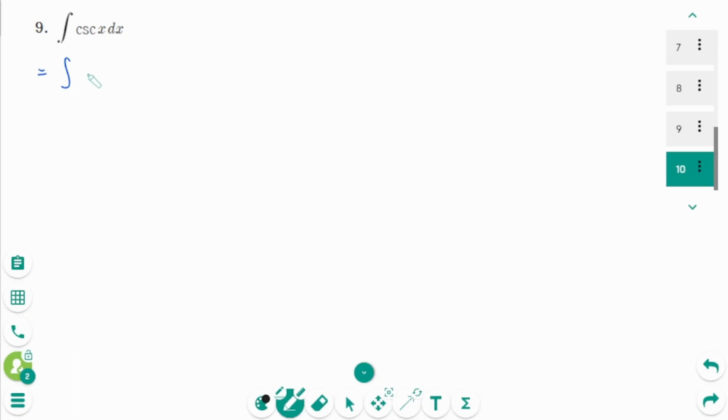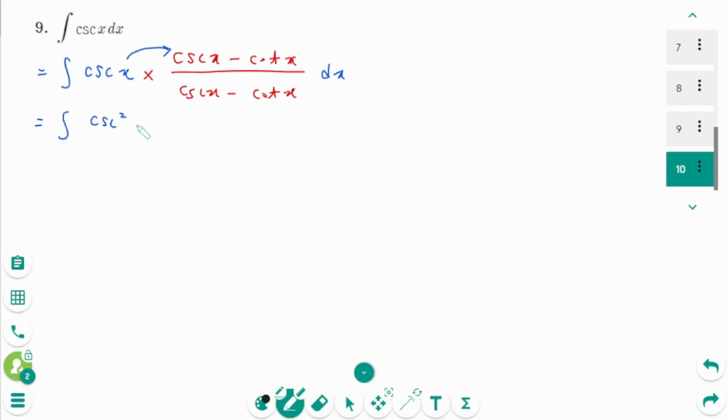The integral of cosecant x multiplied by cosecant x minus cotangent x over cosecant x minus cotangent x dx equals the integral of, expand the numerator, cosecant squared x minus cosecant x cotangent x over cosecant x minus cotangent x dx.